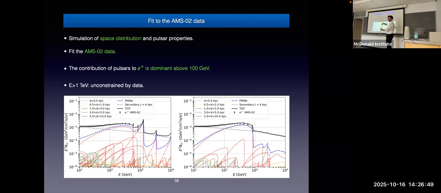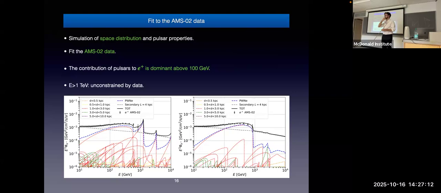So it's a combination of those parameters, and in this case you can get a very spiky one. Long story short, it's an injection spectrum combined with the age and the cooling time of your particles.